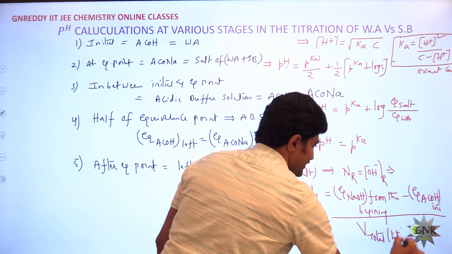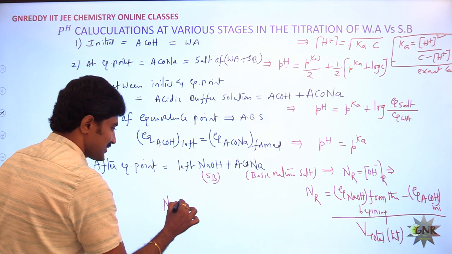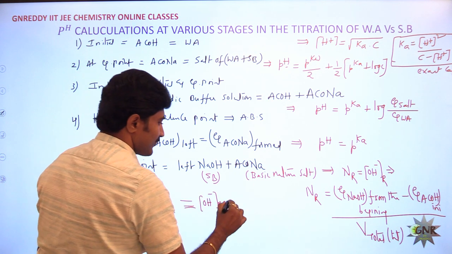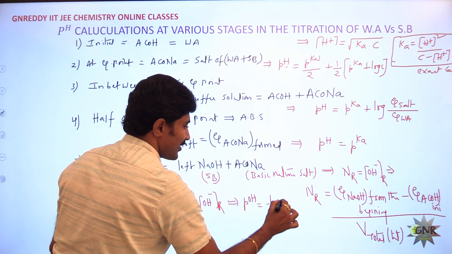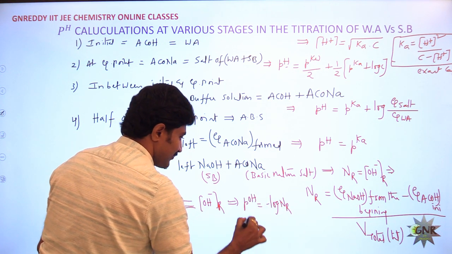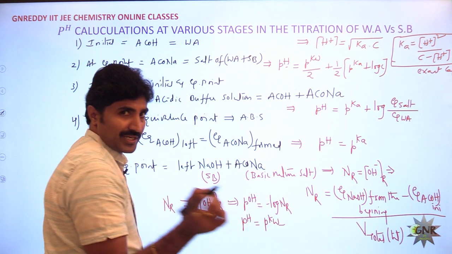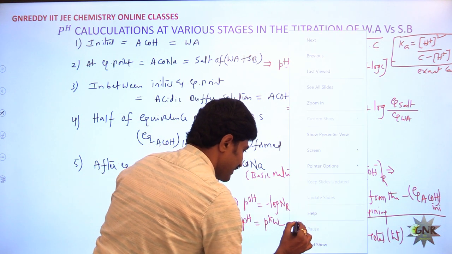Like this, calculate the resultant normality. This is the resultant OH minus. From this calculate pOH, which is minus log of the resultant normality. From this calculate pH, which is equal to pKw, that is 14 at 25 degrees centigrade, minus pOH.